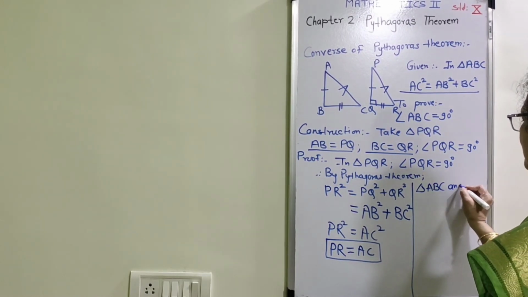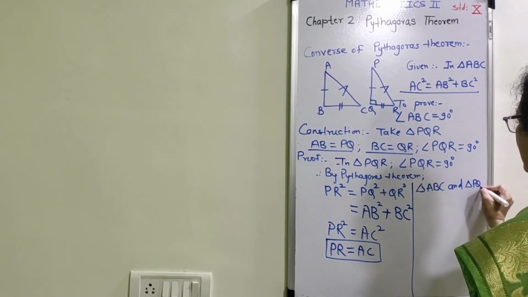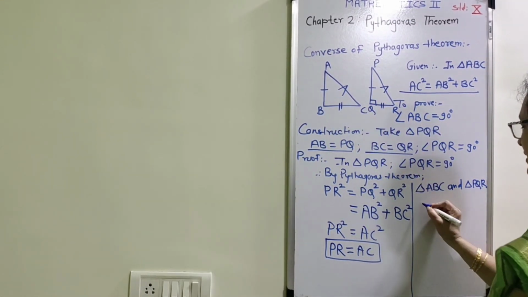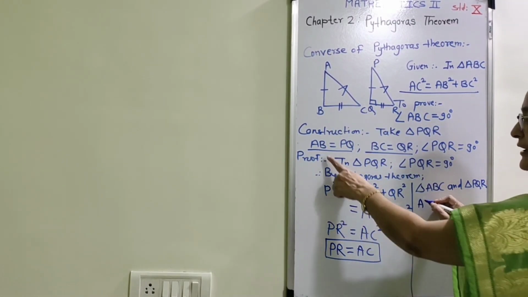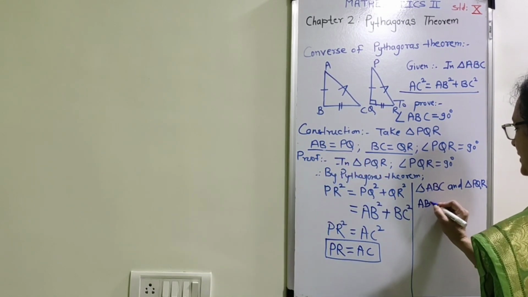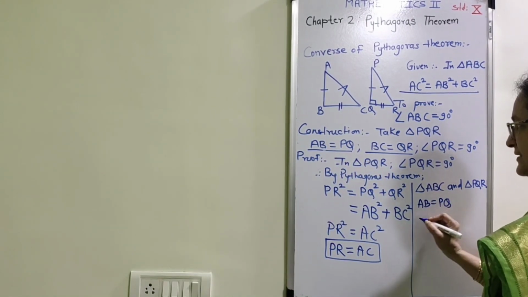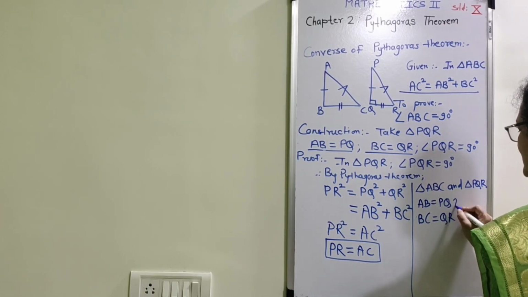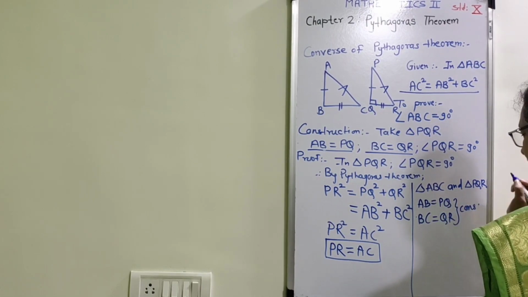Now observe the two triangles, that triangle ABC and triangle PQR. I can easily prove that both the triangles are congruent to each other. First thing, they have given AB is equal to PQ by construction. BC is equal to QR. Both the statements are with construction.